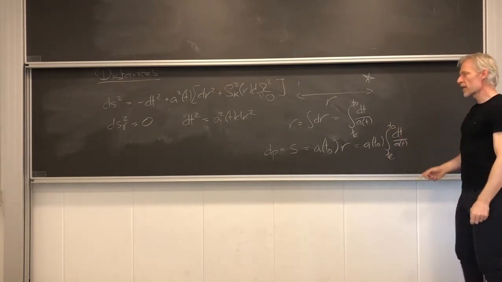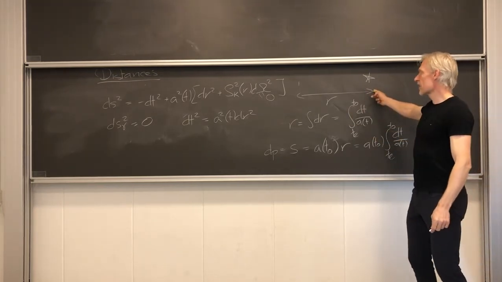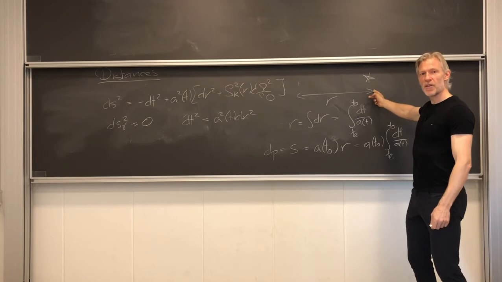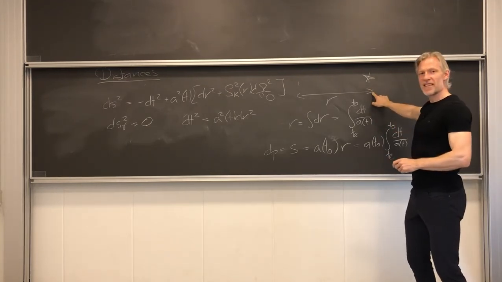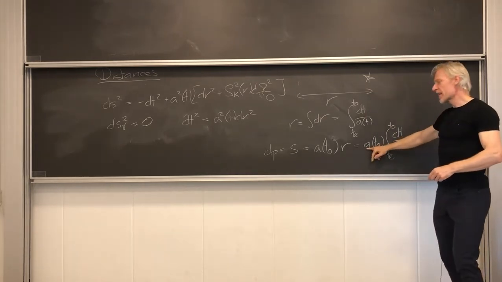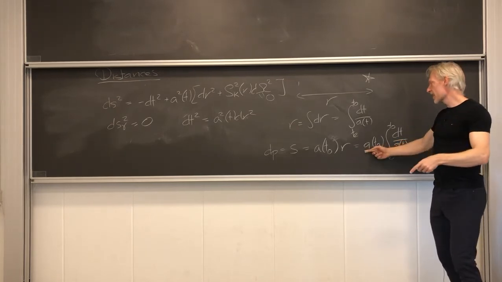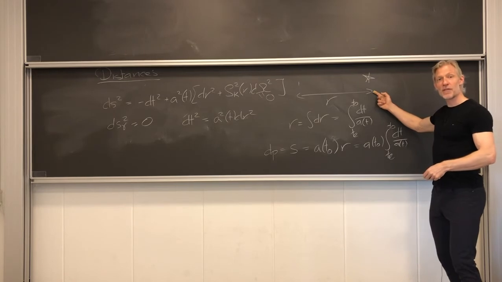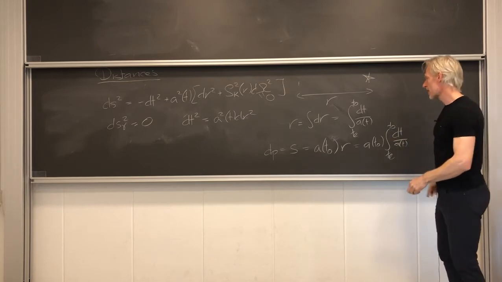So that would give me the proper distance currently to an object that emitted light at some previous epoch. Of course, it's not equivalent, mind you, to the proper distance at the emission time. The proper distance at the emission time is different by the ratio of the scale factors, because the coordinate distance is the same, but the scale factor at the emission point, of course, is different because we're looking at an earlier point in the evolution of the universe. So that's really important to bear in mind.